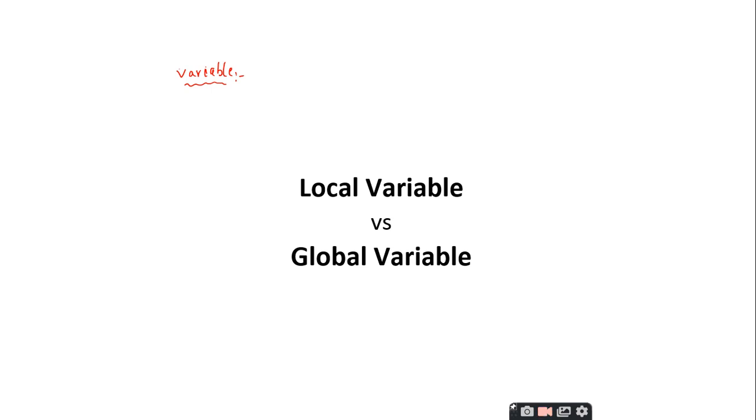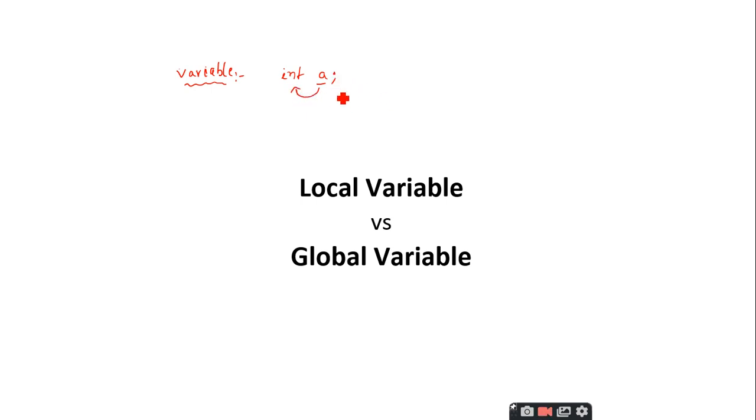But a variable is an alias name that is given to a location and that is being used in our program, right? For example, if we want to declare an integer variable, I am declaring it as int a. So this a is nothing but a variable of type integer.